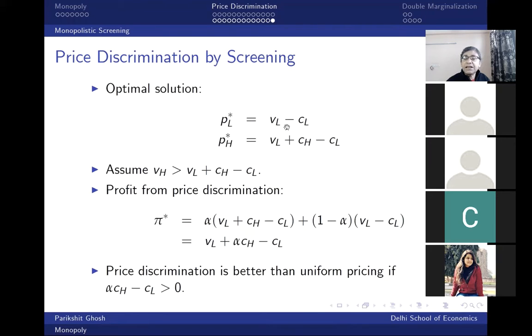Now they're paying only VL minus CL because of the burden attached to the deal. If alpha is high enough, the seller makes up for this lower revenue from low value customers by being able to screen out and charge a higher price from the high value guys. If there are enough of them, then it's a profitable strategy to price discriminate in this roundabout manner.